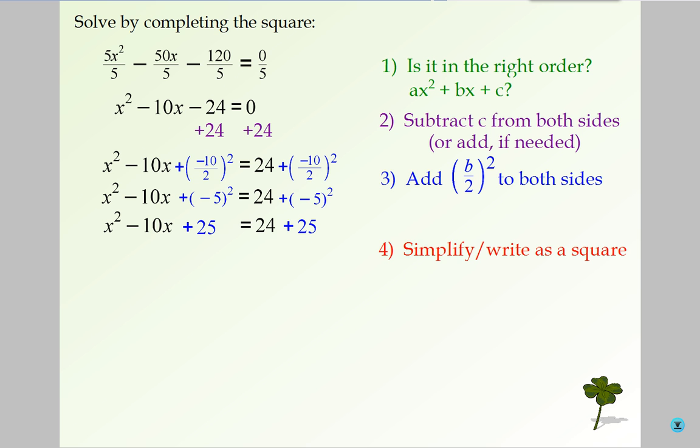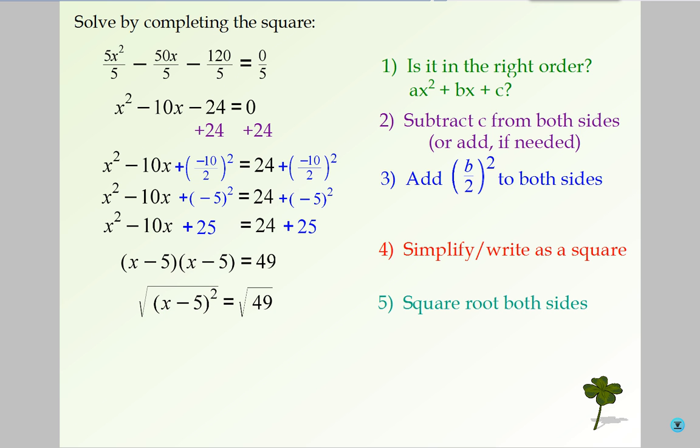Then I factor and write it as a square. Notice what b divided by 2 was. That was a minus 5 or negative 5, and that's what's going to go in both parentheses.